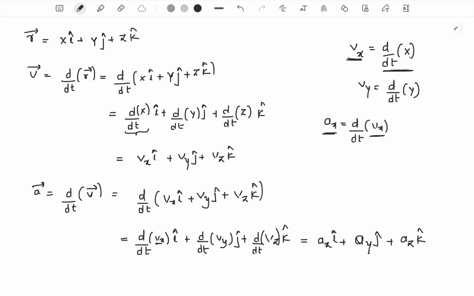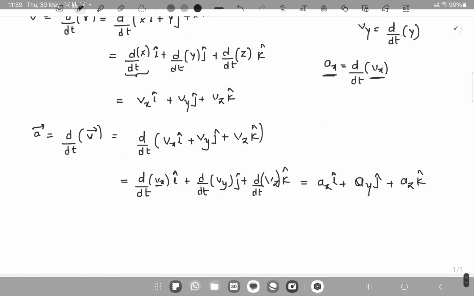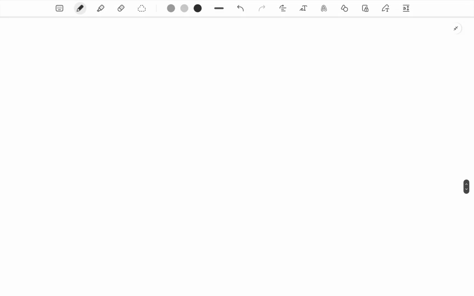Okay, so let us try to do one simple problem in order to understand what I just said earlier. Let's say a particle was moving such that its position vector is changing like this: 3t i cap plus 4t square j cap. So here the particle position is represented as a function of time t, as a vector quantity.